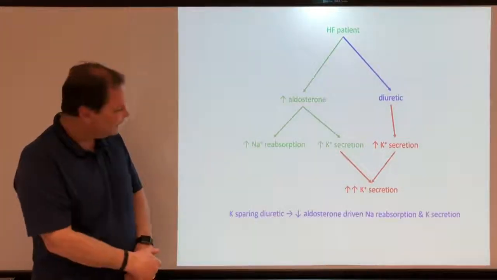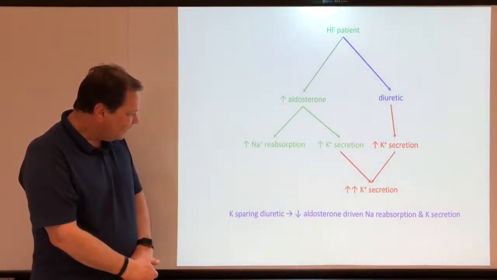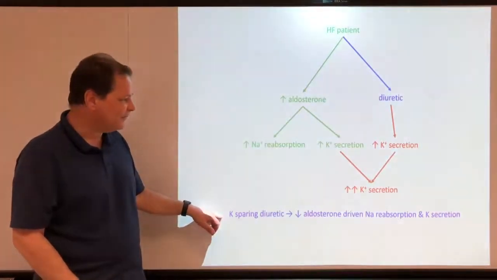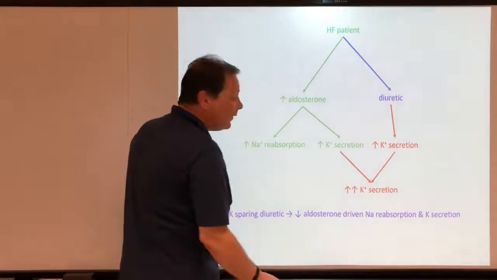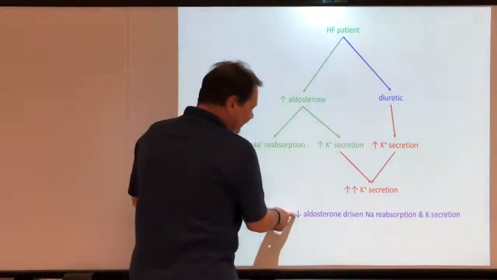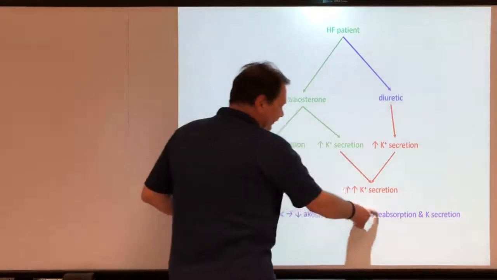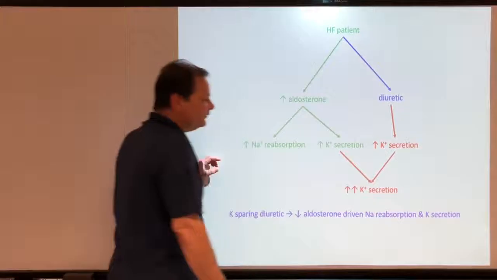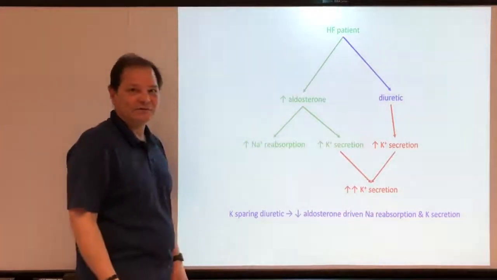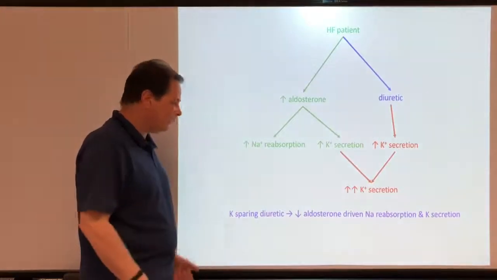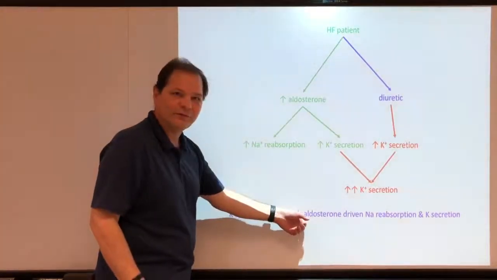Now, a potassium-sparing diuretic, those that act at the principal cell, first of all, one way or another, because they're acting at the principal cell, they're going to decrease the aldosterone-driven sodium reabsorption and the aldosterone-driven potassium secretion, okay? Because they're messing with the mechanism right at the principal cell, right where the aldosterone is working.